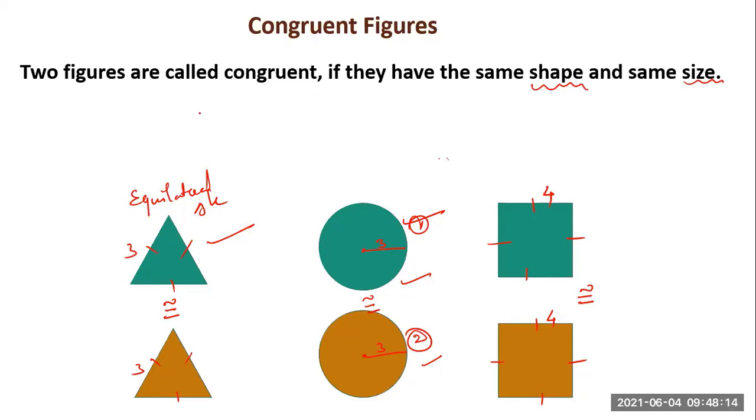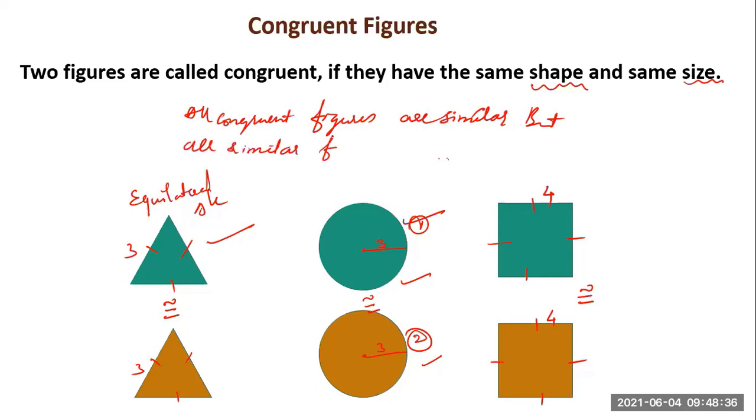Yes, then we can write that all congruent figures are similar, but all similar figures need not be congruent.